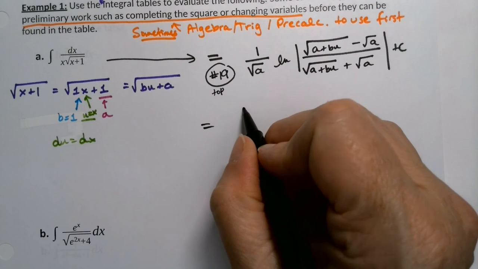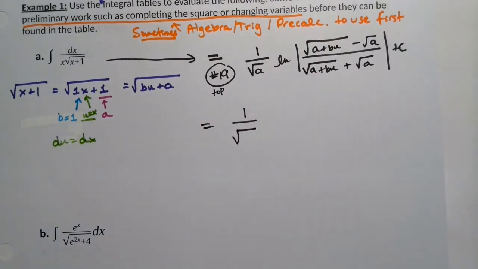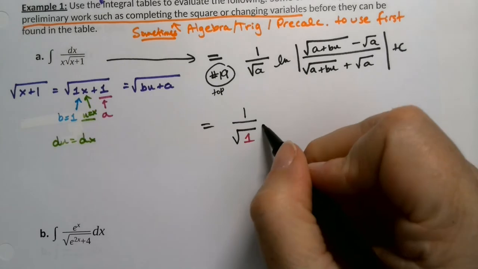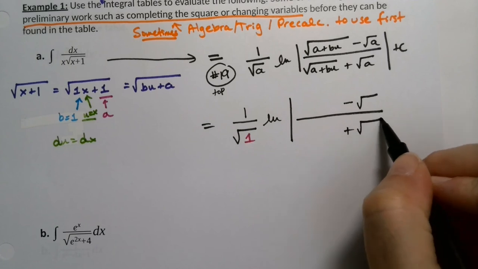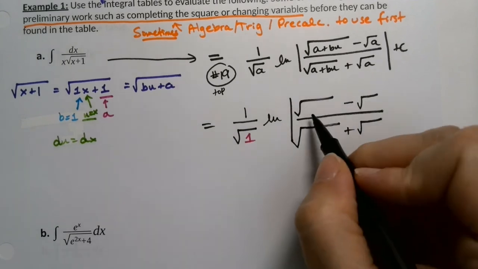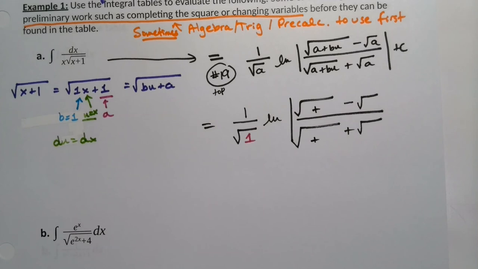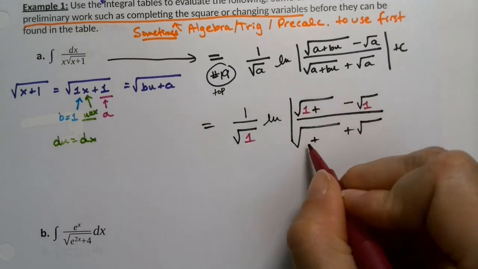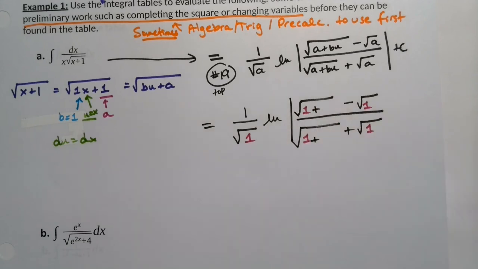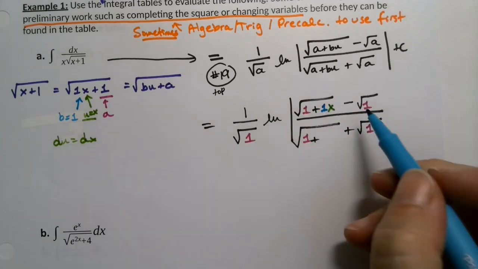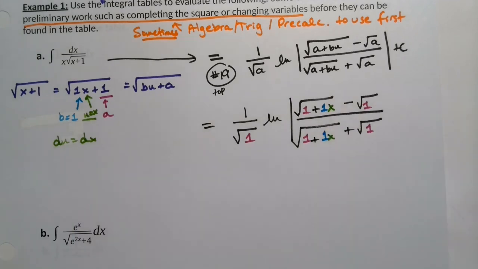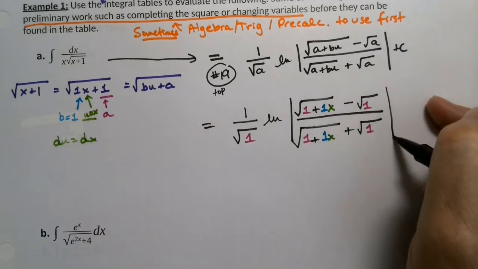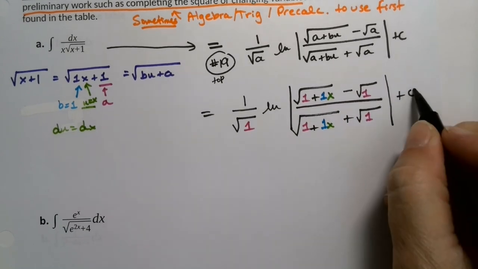So 1 over the square root of 1, natural log, absolute value, the square root of 1 plus 1x minus the square root of 1, over the square root of 1 plus 1x plus the square root of 1, plus c, because c is just that constant of integration.